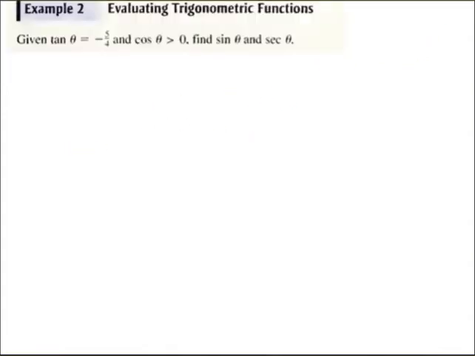Alright, moving on. We're given something similar. I have tangent of theta equals -5/4. So that means from here, remember my definition of tan theta is equal to y over x. Alright, so I know y is 5 and x is 4.